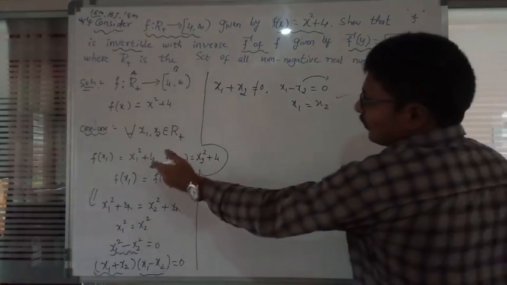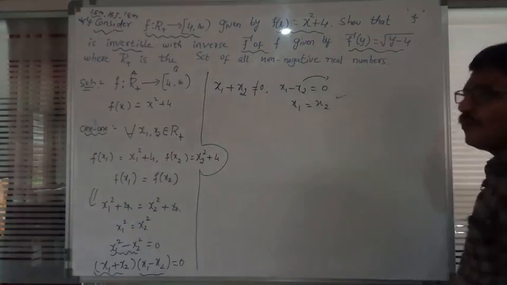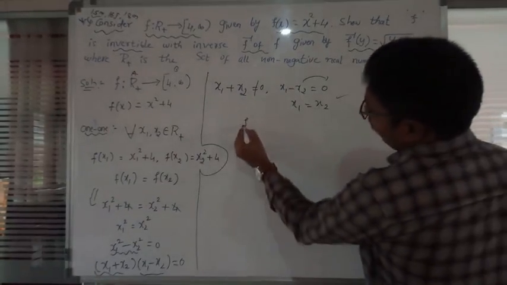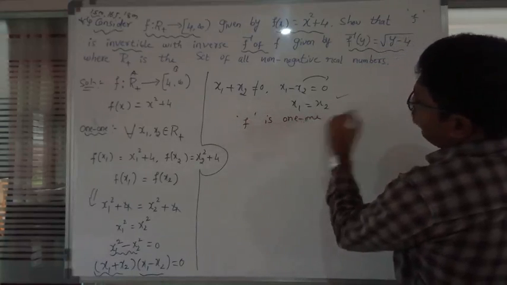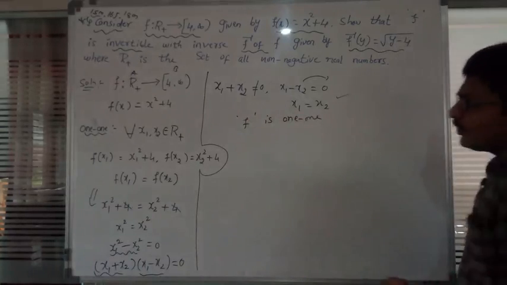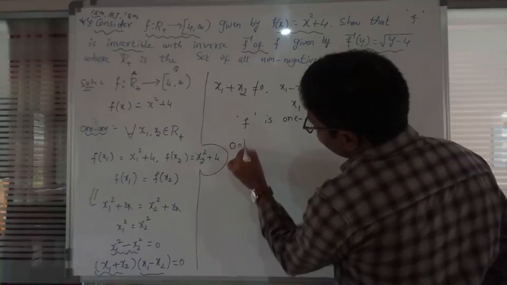So f of x1 is equal to f of x2 implies x1 is equal to x2. That's why f is 1-1 satisfied. Okay, now next we go to onto functions.